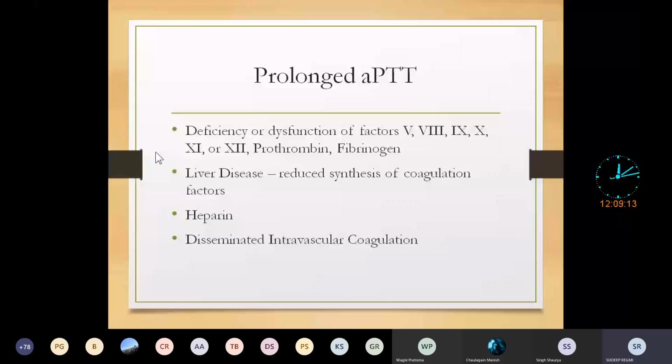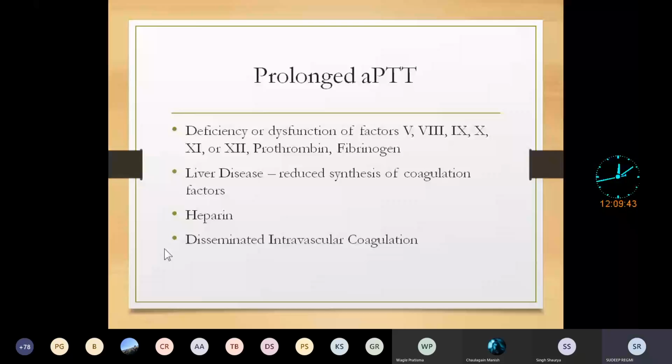Okay, liver disease lead to reduced synthesis of coagulation factors. Heparin, even vitamin K deficiency also can lead to prolonged APTT. But for vitamin K deficiency, as 3 of the factors are in the extrinsic pathway, it is better to do a PT. And disseminated intravascular coagulation. So now we know that in disseminated intravascular coagulation and heparin, both PT and APTT are increased.